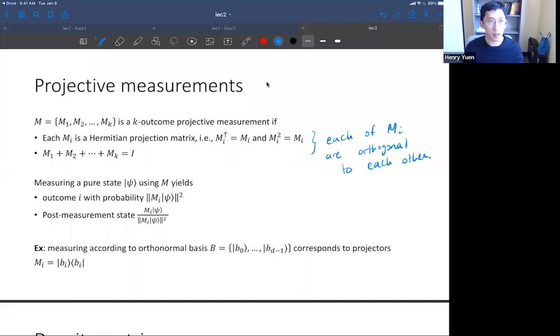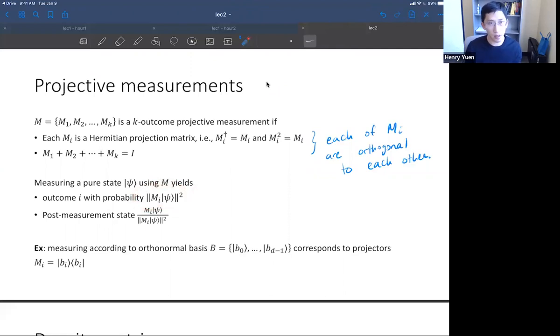If you had a pure state psi, let's go back to the vector world for now just to anchor our intuition, and you measured this state psi using this projective measurement M, then the rule is that you get outcome I with probability equal to this formula. You first multiply your vector psi by the projection matrix Mi.